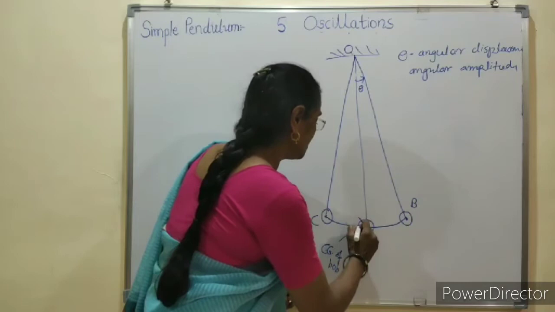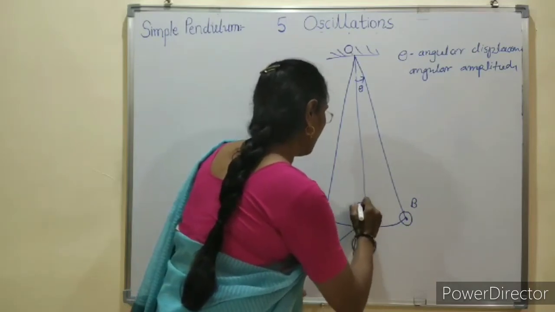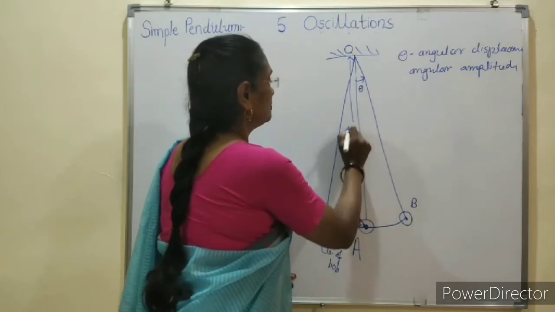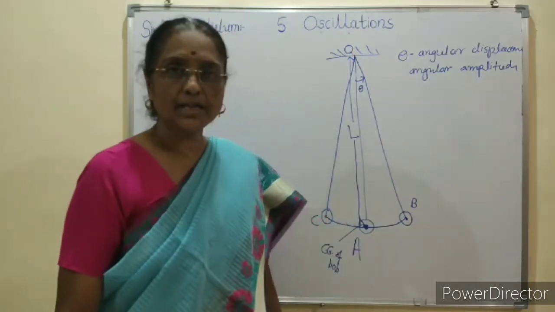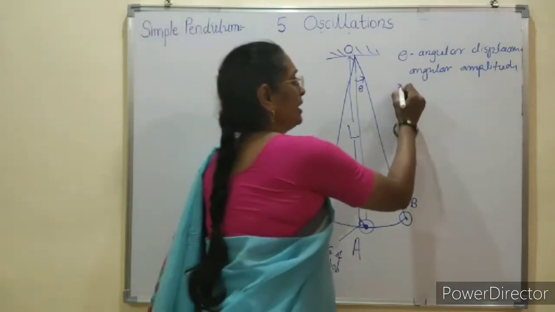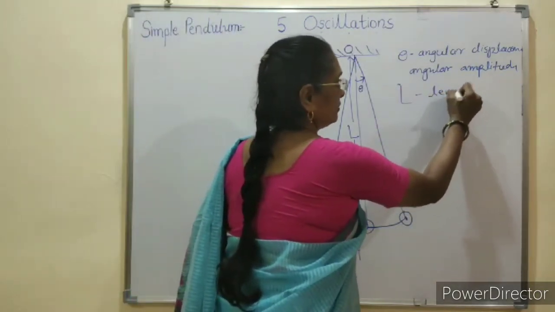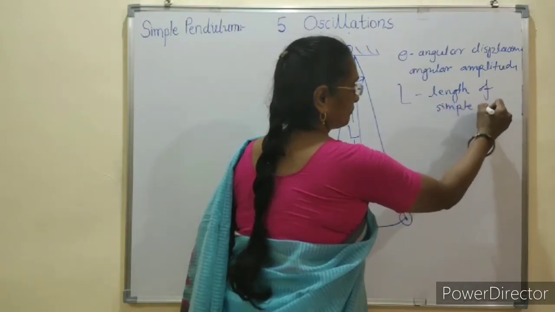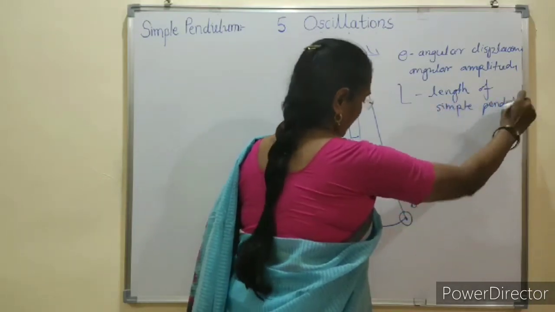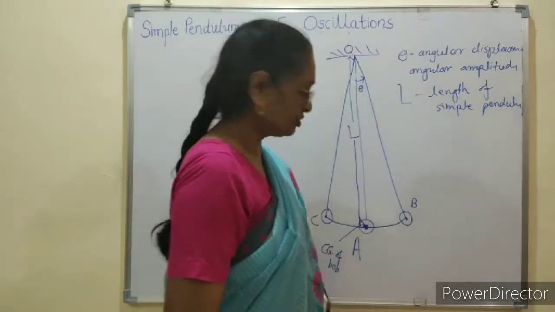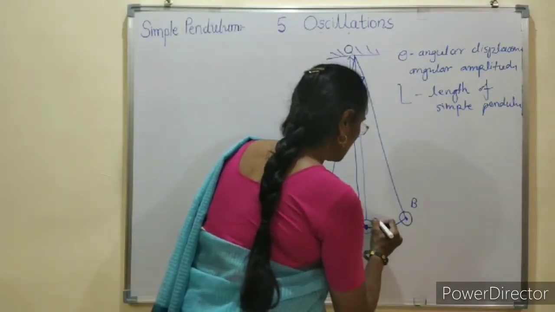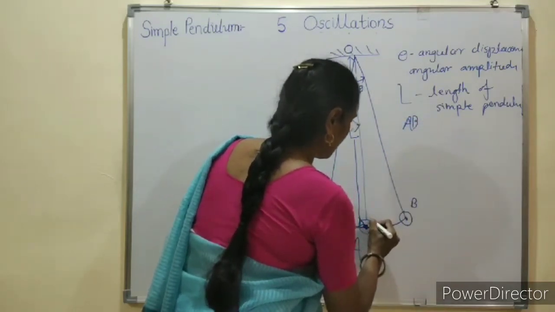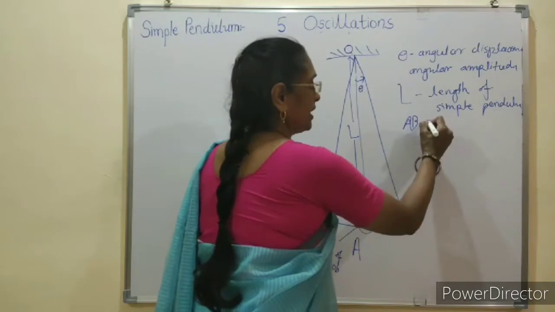If we measure the distance of point of suspension from the center of gravity, this distance is L. It is called as length of simple pendulum. L is length of simple pendulum. And theta is angular displacement. Here the distance AB, this is arc of a circle, this is equal to x.